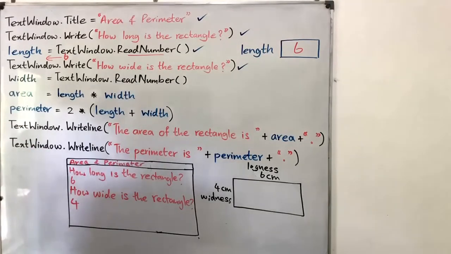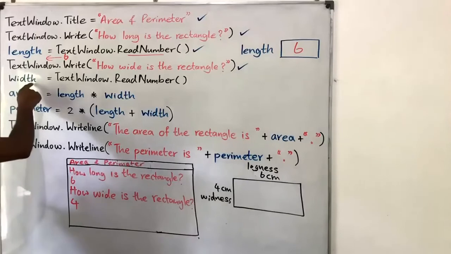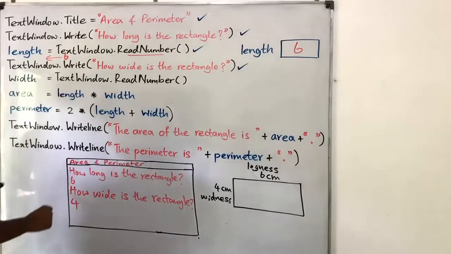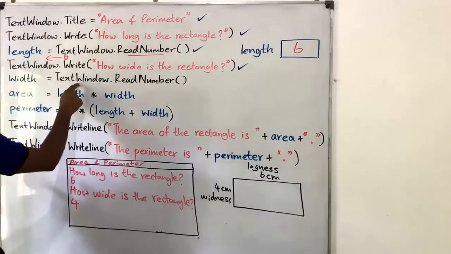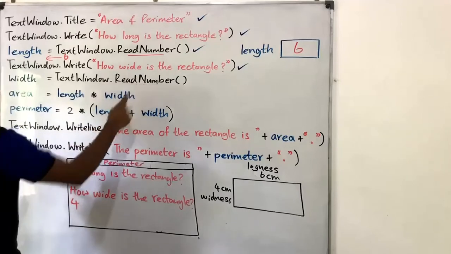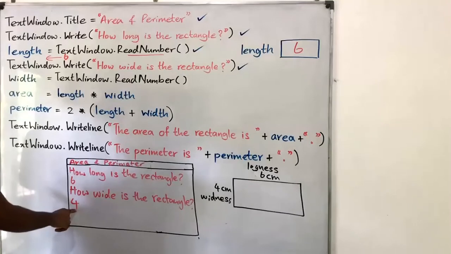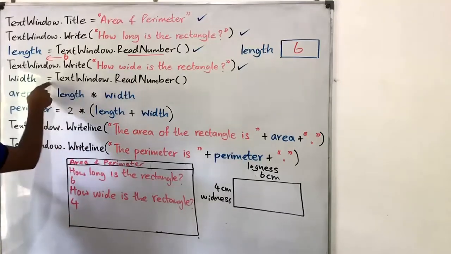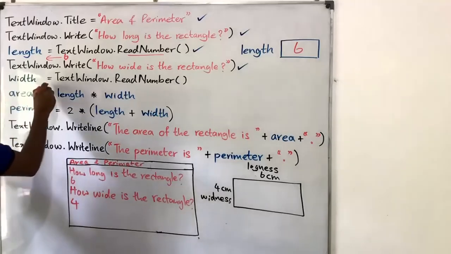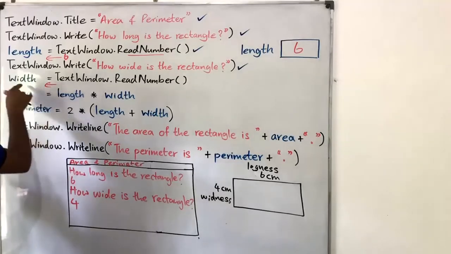In the fifth statement, what happens? It says text window, read the number. What is the number? 4. And this equal sign means assign that to the variable width.